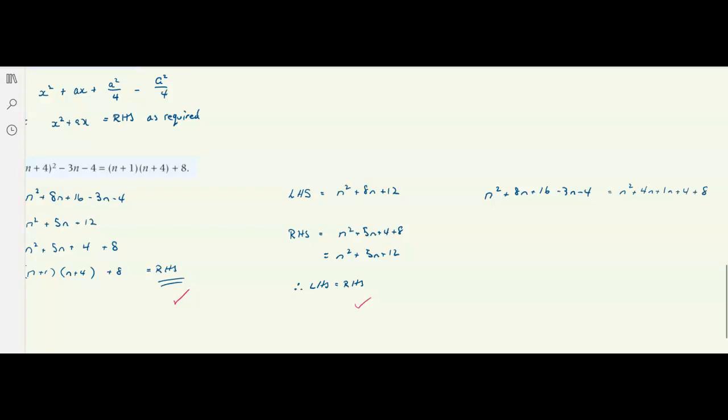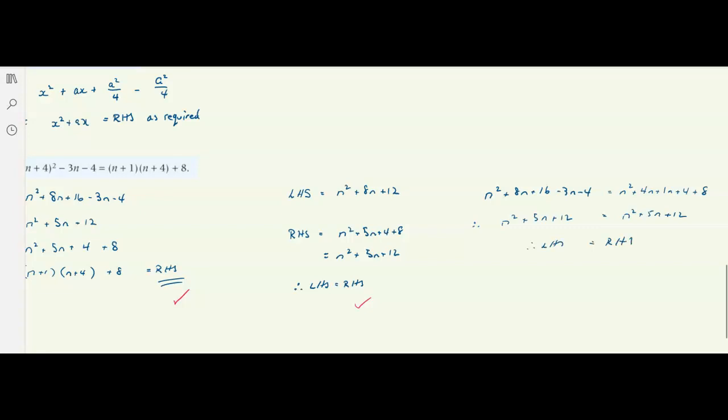I'm demonstrating a way that's not okay. So then we'd say, therefore, n squared plus 5n plus 12 equals n squared plus 5n plus 12, and therefore left-hand side equals right-hand side.